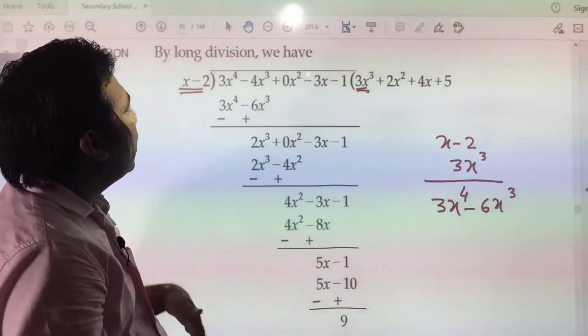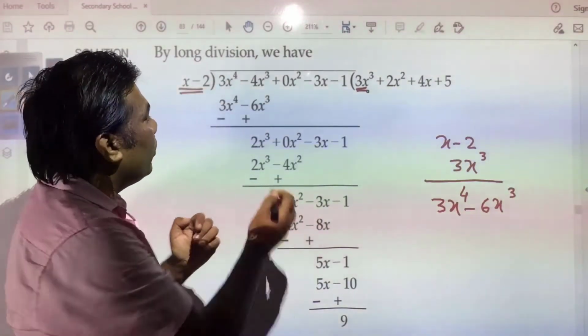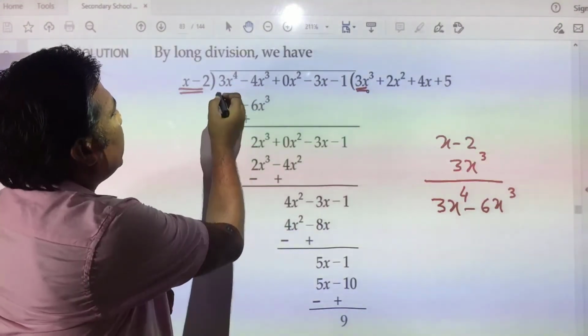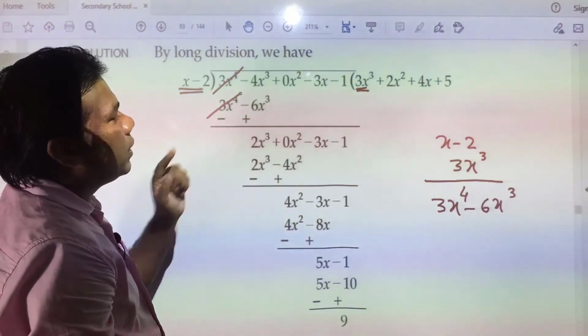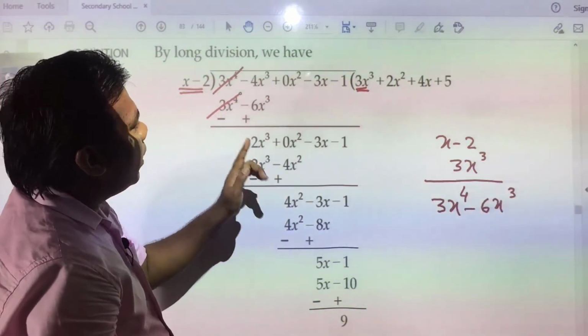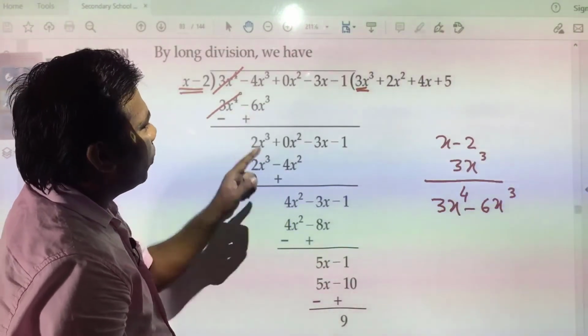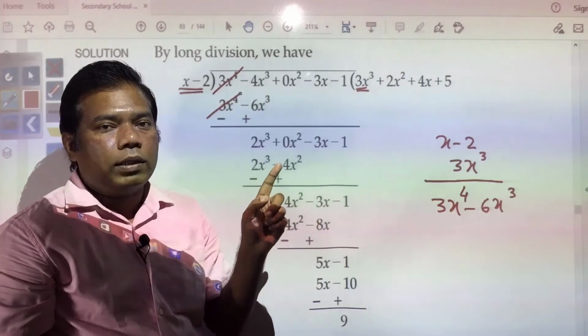Now you see what we do. We subtract the term, and when we subtract, we change the sign. I hope you remember. So this 3x to the power 4 and 3x to the power 4 got cancelled. Now you have minus 4x cube minus 6x cube, but the sign has been changed, so 6x cube you have plus.